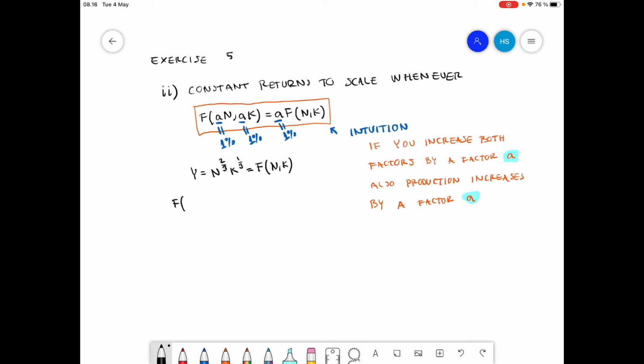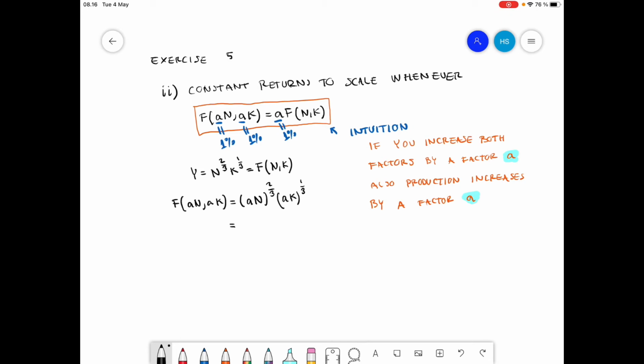Well, let's increase both input factors by a factor a. So now I multiply both input factors by a factor a. So n, number of workers, increases by a factor a, and then to the power of 2/3. Number of capital units also increases by a factor a, to the power of 1/3.